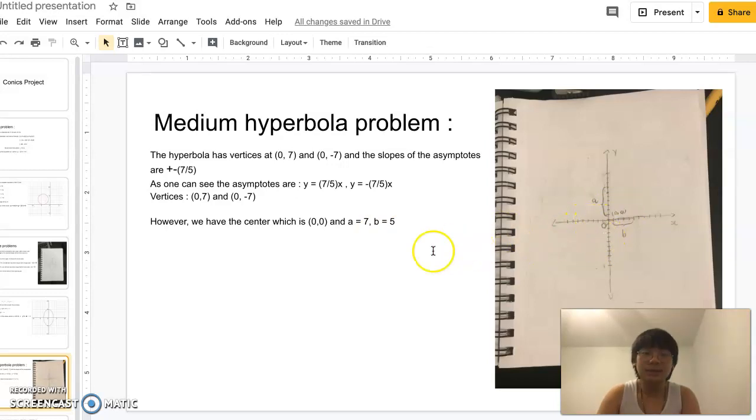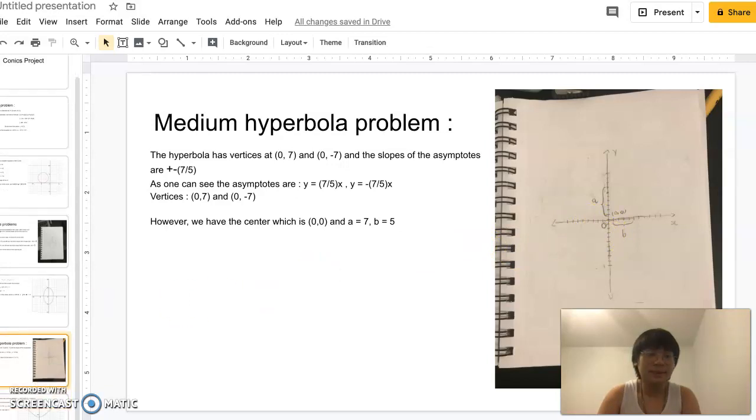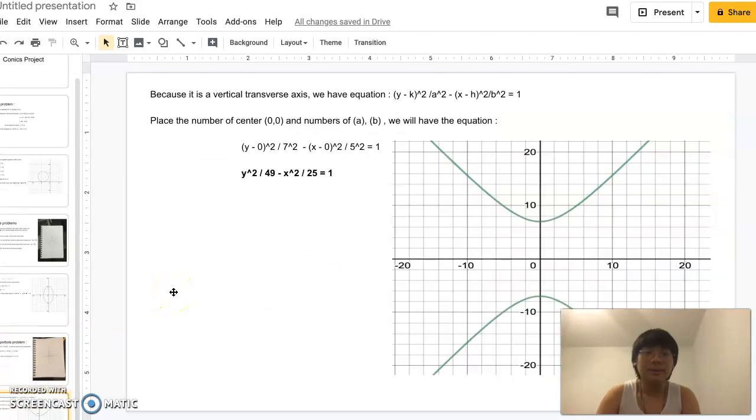So that's it. Because it's a vertical transverse axis, we have the equation (y minus k) squared over a squared minus (x minus h) squared over b squared equals 1. Place the numbers of the center (0, 0) and the numbers of a and b.